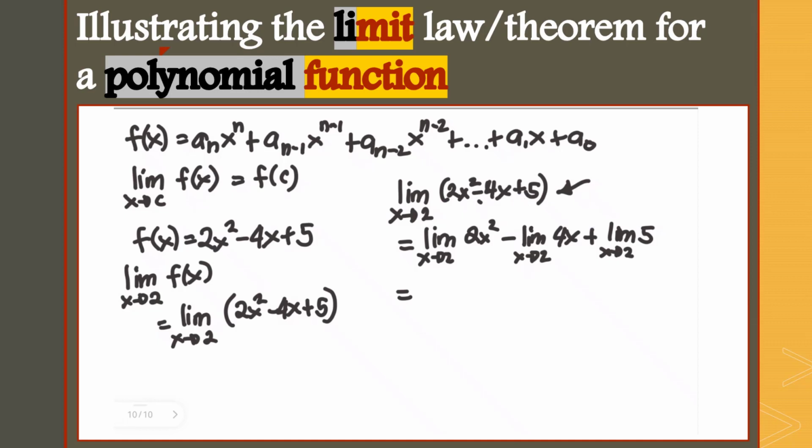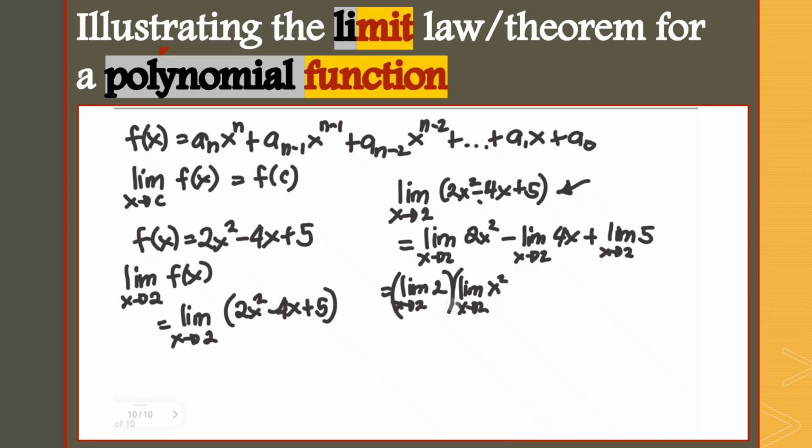So we are going to apply the first. This has product and power. We have here 2, your constant. You can separate that, right? You can write it in this manner. Using the previous limit theorems, we can separate that product: the limit of 2 as x approaches 2 times the limit of x squared as x approaches 2.